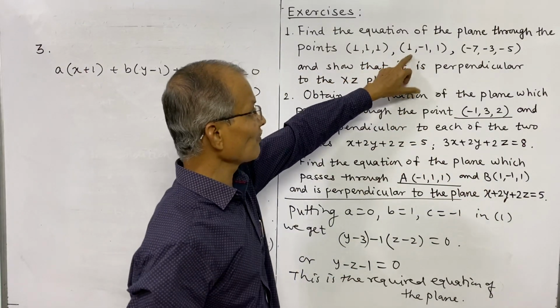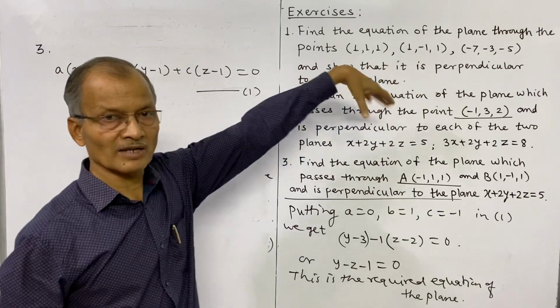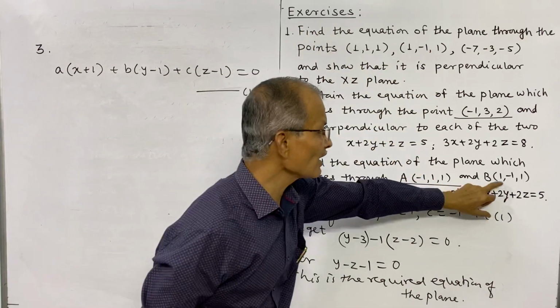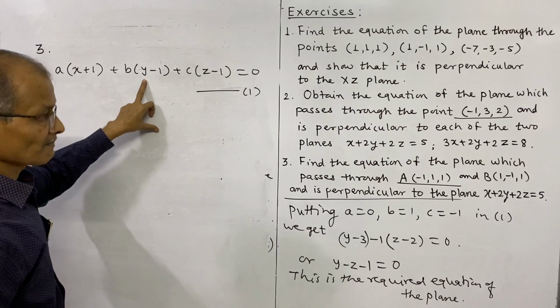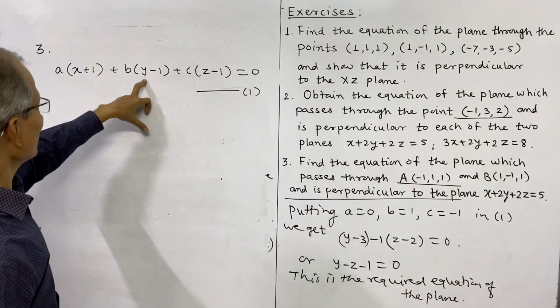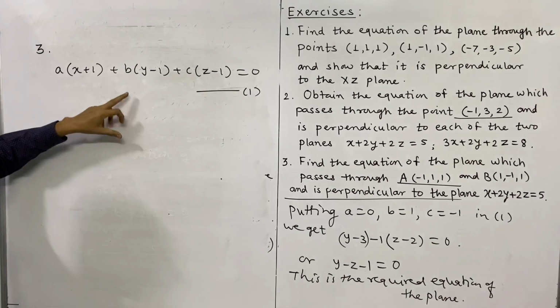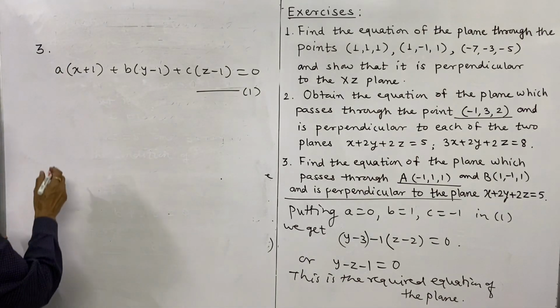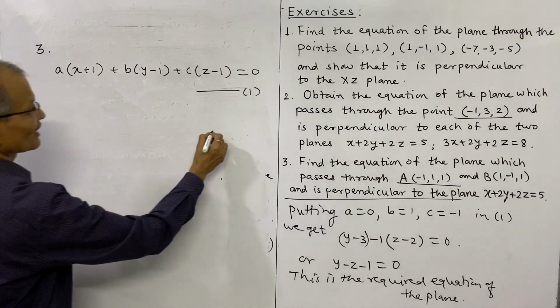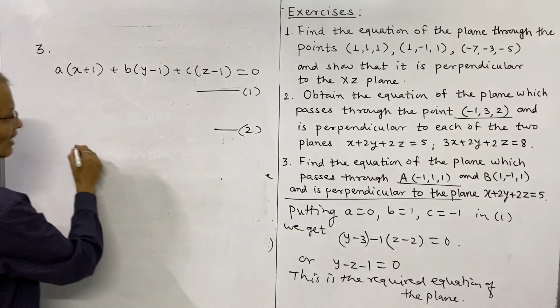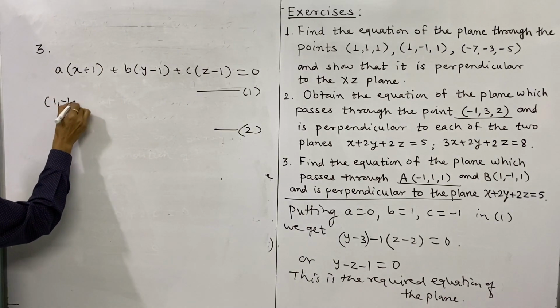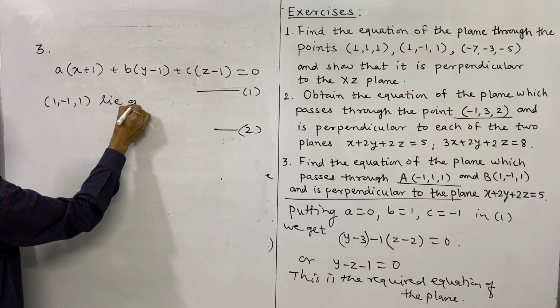And use this point as well. These two points lie on the same plane, so this coordinate must satisfy this equation. And that gives, put x is 1, y is minus 1 and z is 1 here. So this point will give another condition. Write that second condition. This point 1, minus 1, 1 lies on 1.